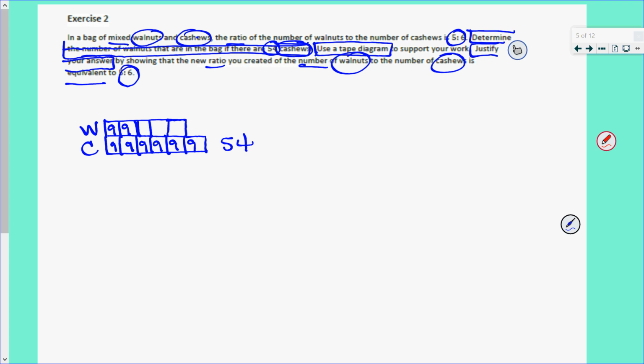Well, why again would you just divide it by the... Okay, so how many walnuts are there? Yes, sir. 45. 45. Okay.